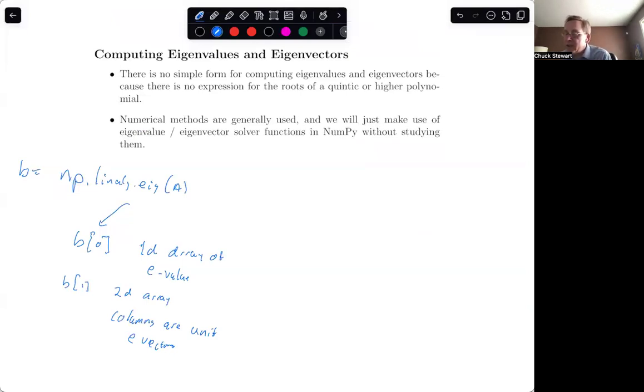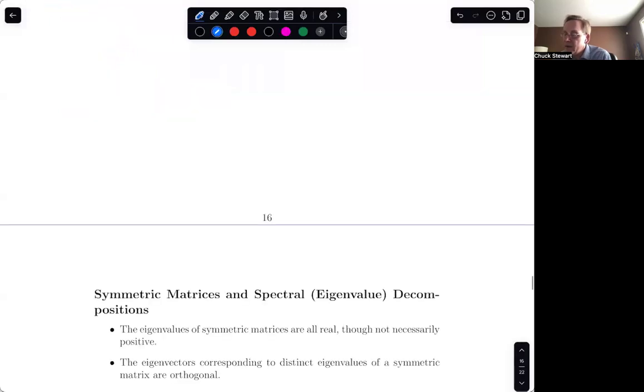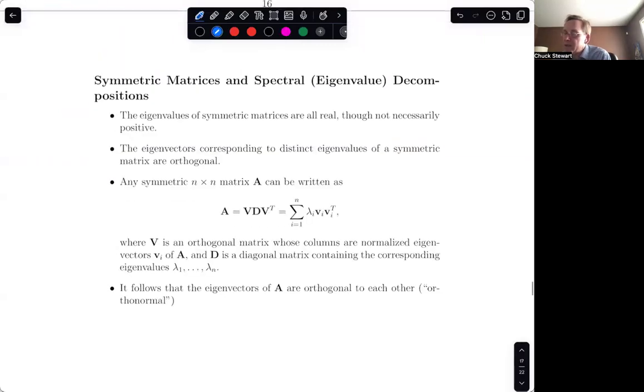All right, one more thing. What happens when we have a symmetric matrix? We have a very important property. The eigenvalues of symmetric matrices are all real. They're not necessarily positive, but they're all real.